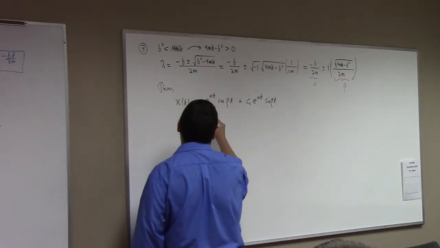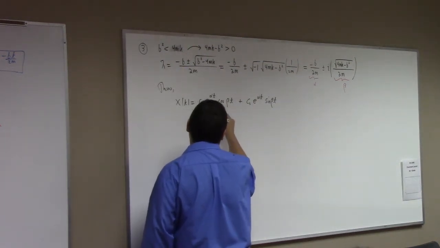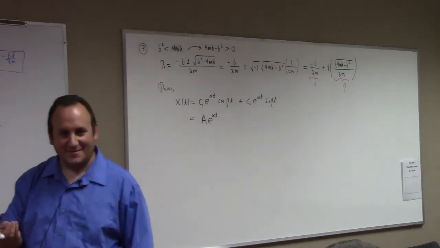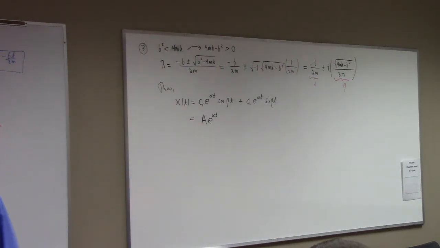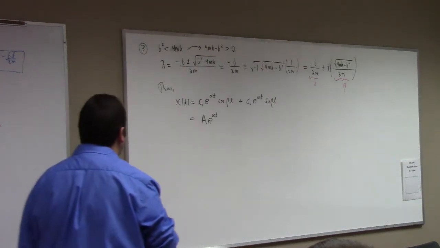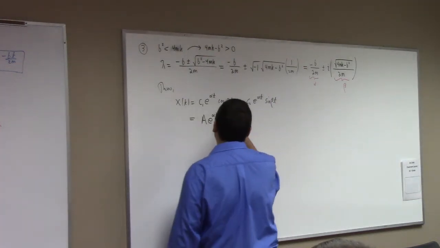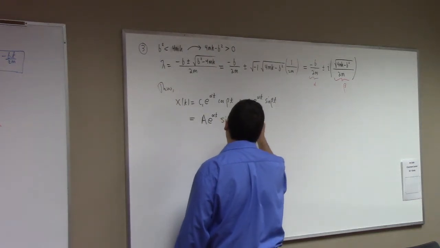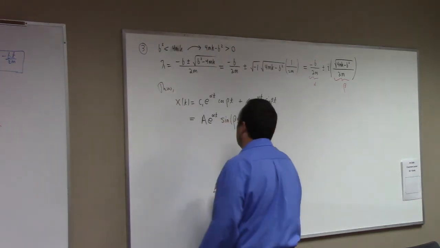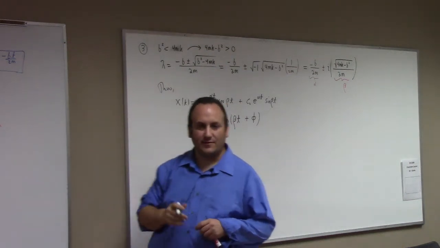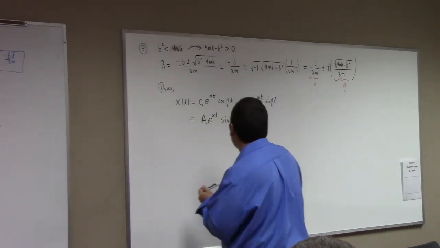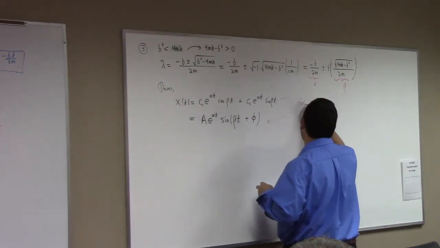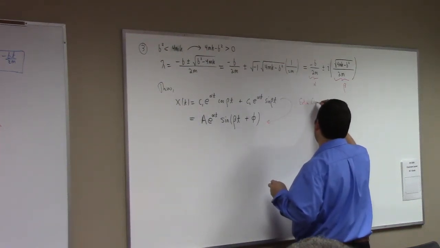If you could show that this is A e to the alpha t sine of, say, beta t plus a phase angle. So the extra credit question is just this, guys. You can put it at the end of the quiz if you want extra credit.